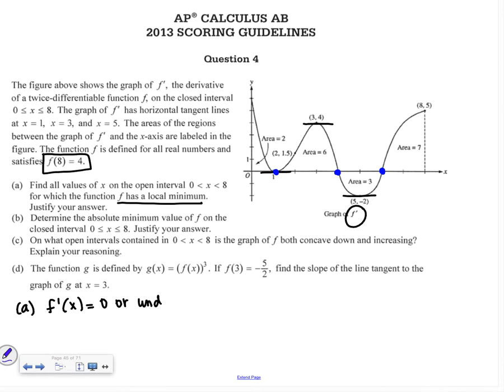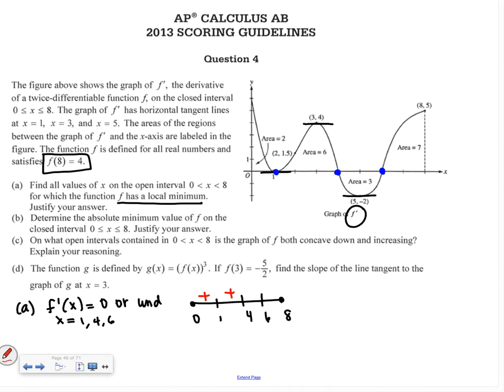All right, so if we're trying to find a local min, then we're going to put this on the number line, and we're trapped between 0 and 8. And my critical values are 1, 4, and 6. All right, and like I said, it's above the axis again until 4.